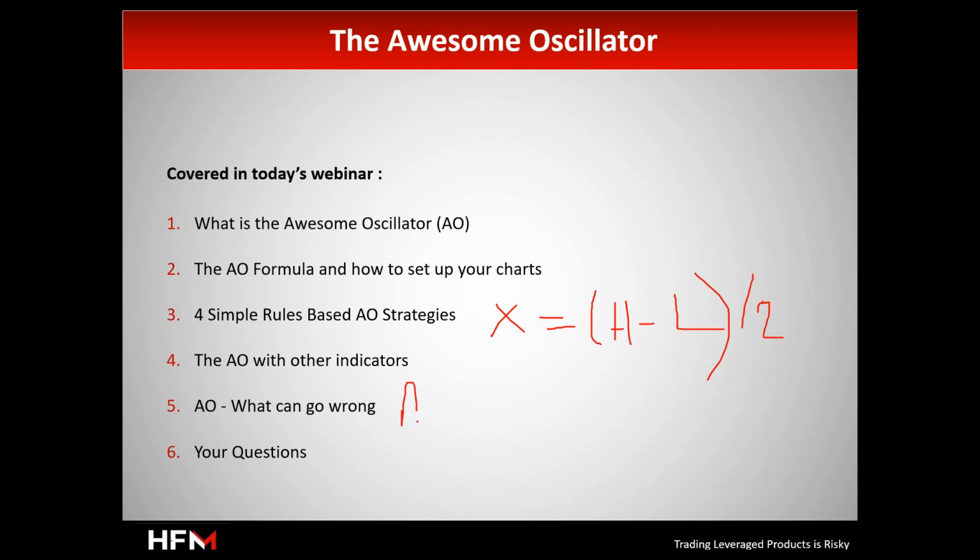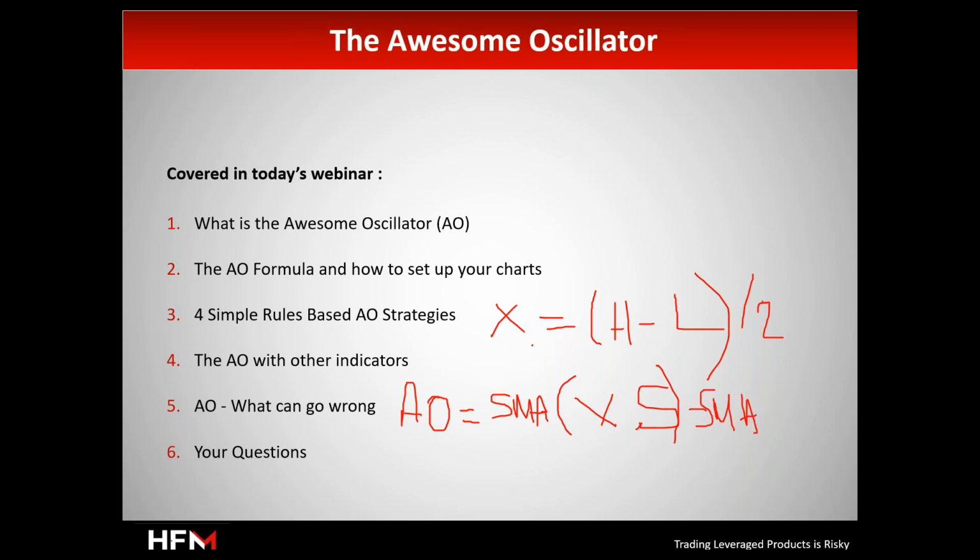Then, in order for the bar to be created on the Awesome Oscillator, the actual result is the 5 period simple moving average of this median price minus the simple moving average.